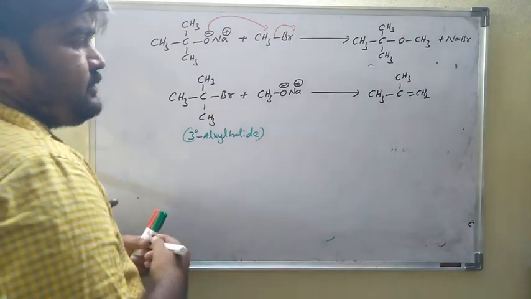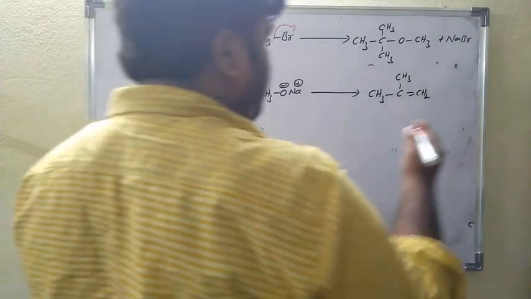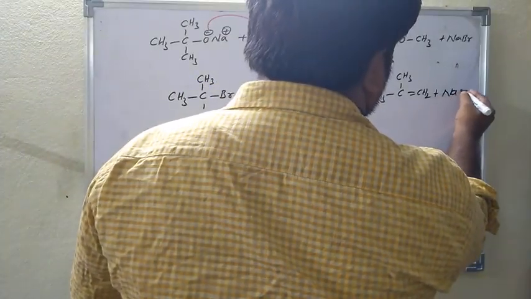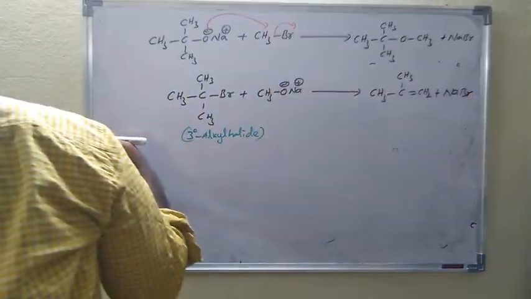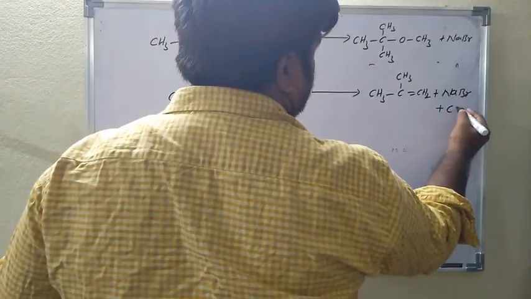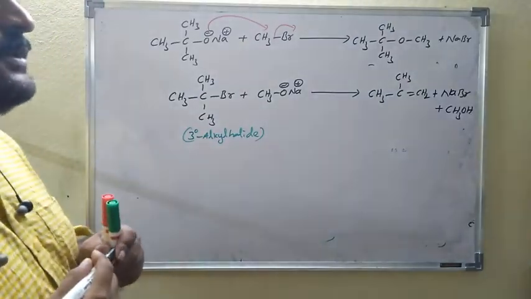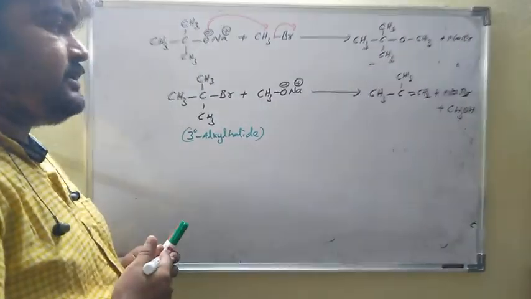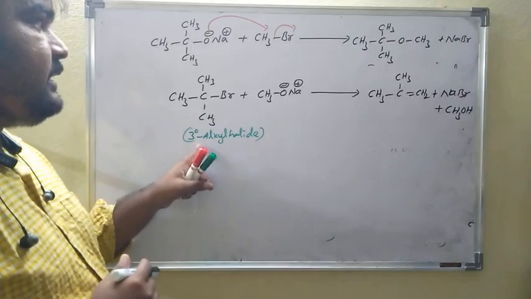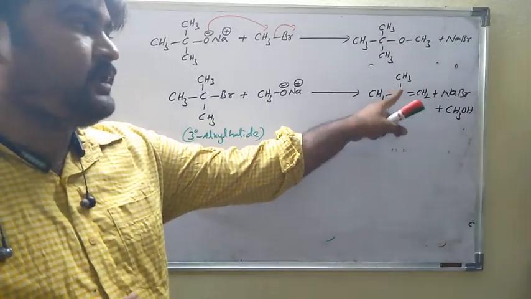Dehydrohalogenation happens, with loss of hydrogen and loss of NaBr and methyl alcohol, CH3OH. Whenever tertiary alkyl halides react with sodium methoxide, they produce an alkene, 2-methylpropene.